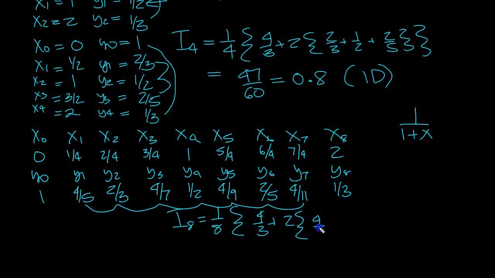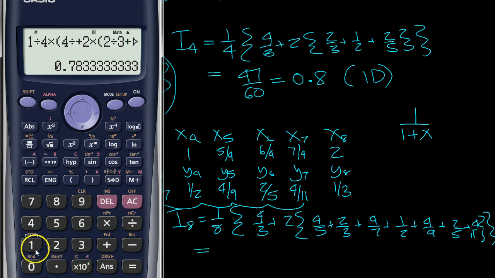So it's 4/5 plus 2/3 plus 4/7 plus a half plus 4/9 plus 2/5 plus 4/11. Close that bracket, close the total bracket. Tap it in the calculator then. 1 divided by 8 times bracket 4 divided by 3 plus 2 times bracket. Now I'll put in all these fractions.